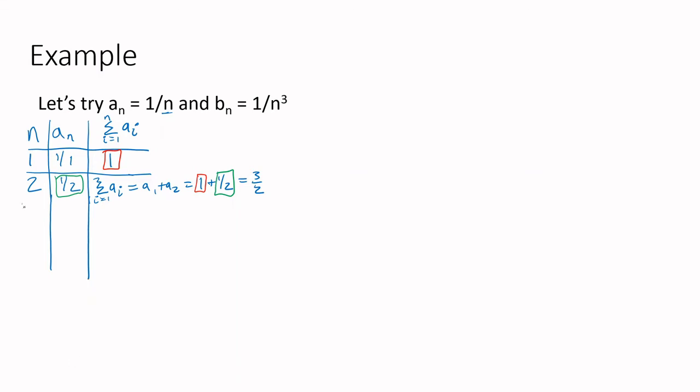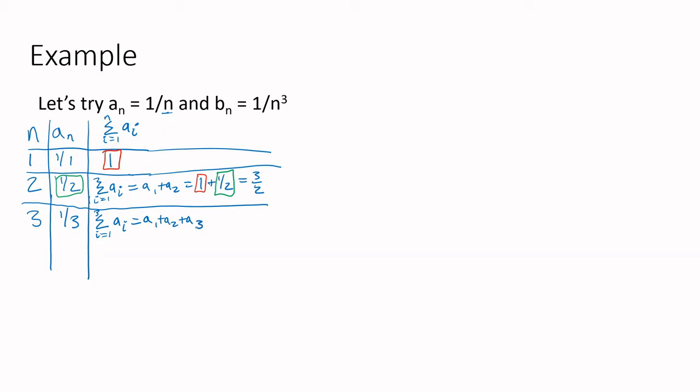Okay, let's go to 3. Now my a sub 3 term is 1/3, and then my sum is going to be from 1 to 3 of a sub i. Well, that's a1 plus a2 plus a3. Okay, but I already did a1 plus a2, right?